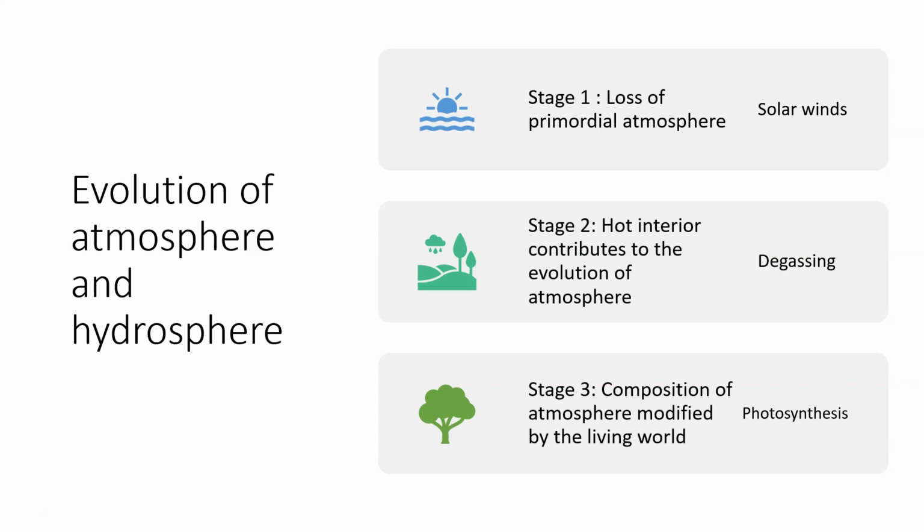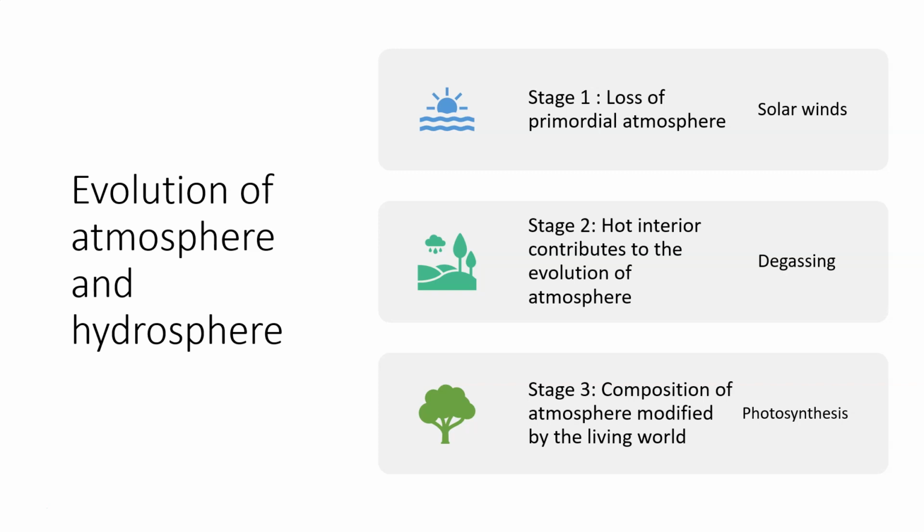So moving back to stage 1, the early atmosphere with hydrogen and helium is supposed to have been stripped off as a result of the solar winds. And this happened not only in the case of Earth, but also in all the other terrestrial planets, which were supposed to have lost their primordial atmosphere through the impact of solar winds. Now, during the cooling of the Earth, gases and water vapor were released from the interior solid Earth.